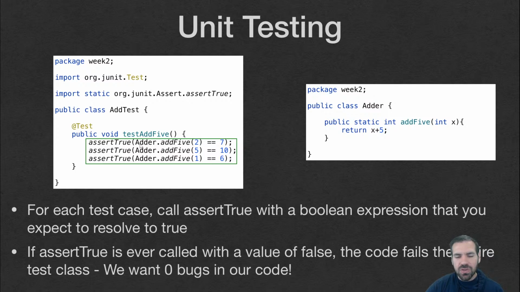If it resolves to false, the only other option, then the test case fails, which means the test fails, which means the test class fails, which means the code is incorrect. Or sometimes the testing is incorrect, depending on where you're at. But something's wrong.